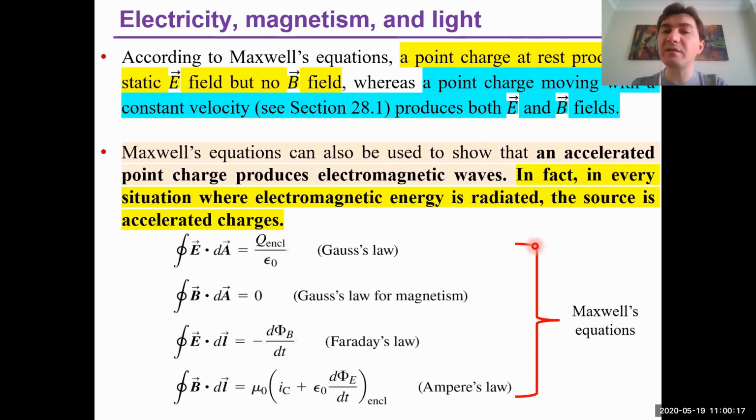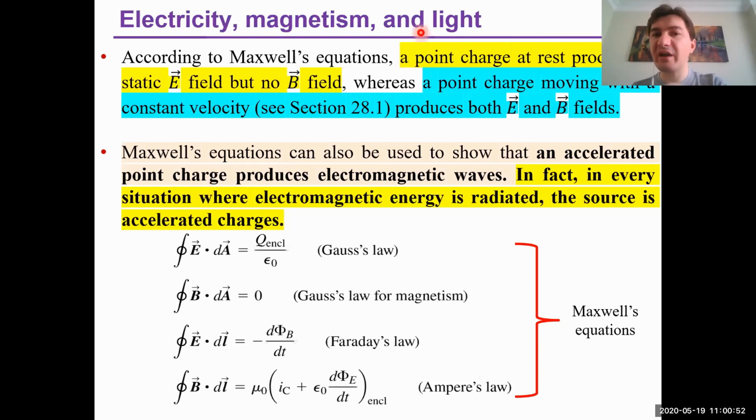If you have current, then you can talk about the magnetic fields. So we have discussed all these things during the previous lectures. So then I can summarize that discussion: a point charge moving with a constant velocity produces both electric and magnetic fields. Is it true? Good.